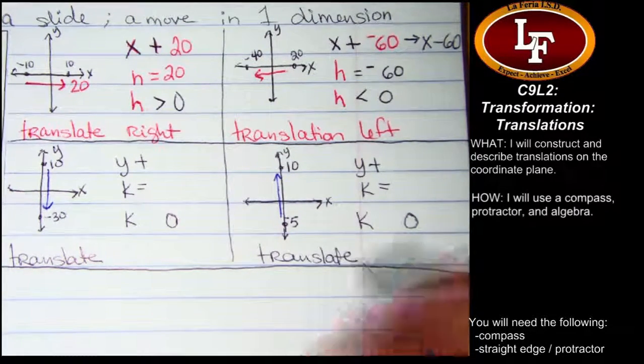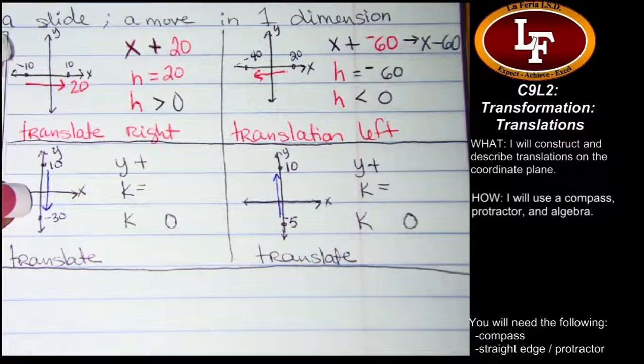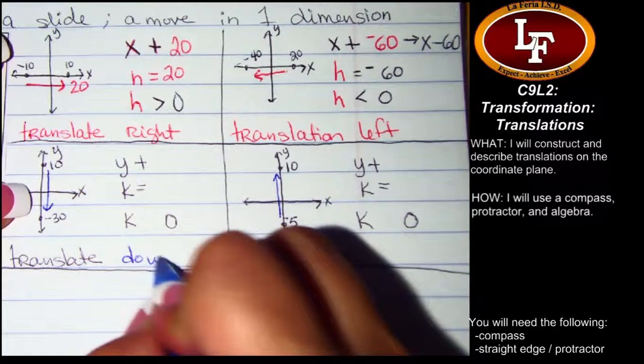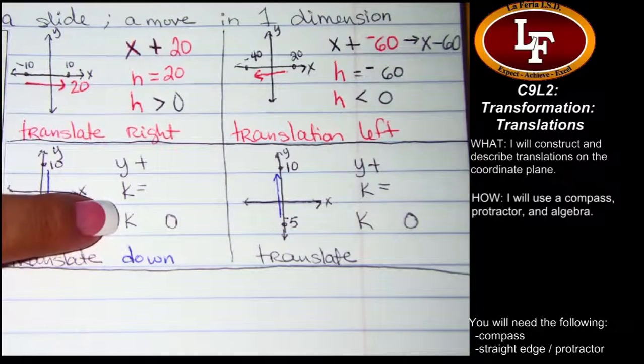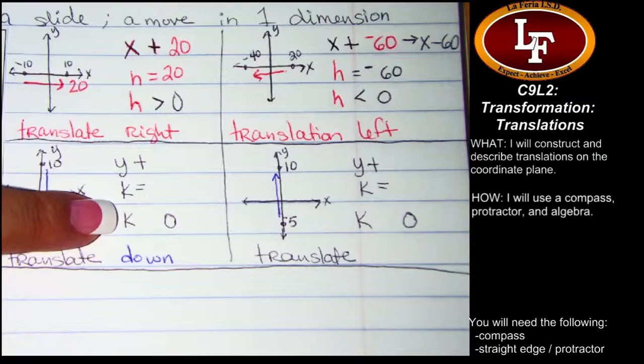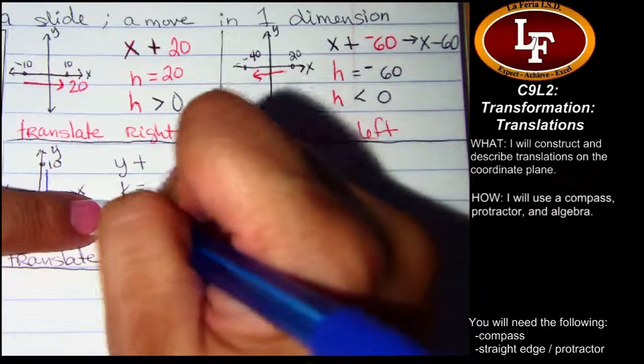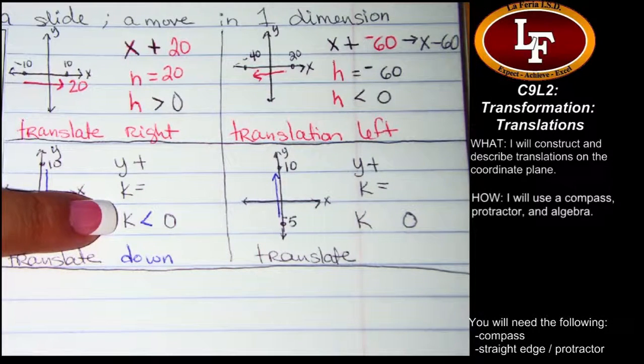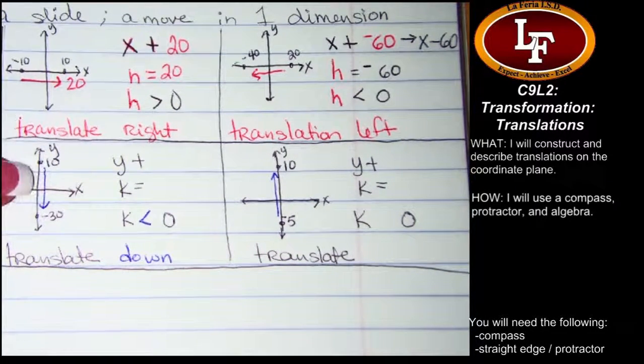All right, let's look at the first one under the y. Which direction are we translating, up or down? Down. Which means the value of k needs to have what relationship to 0? Greater than, less than, or equal to? Less than. So k has to be less than 0. How far did we move?